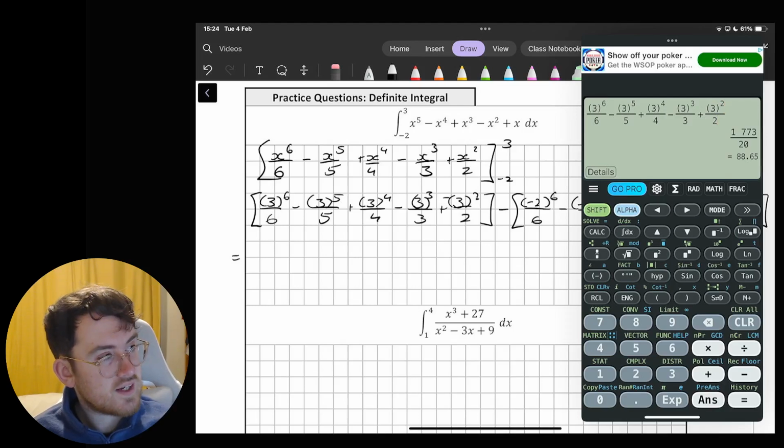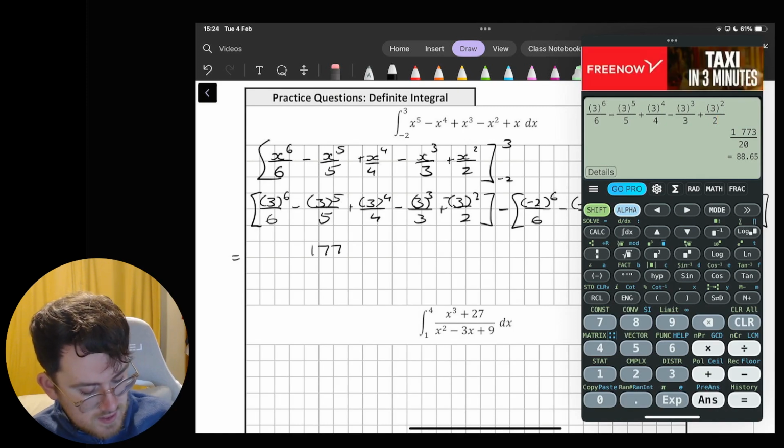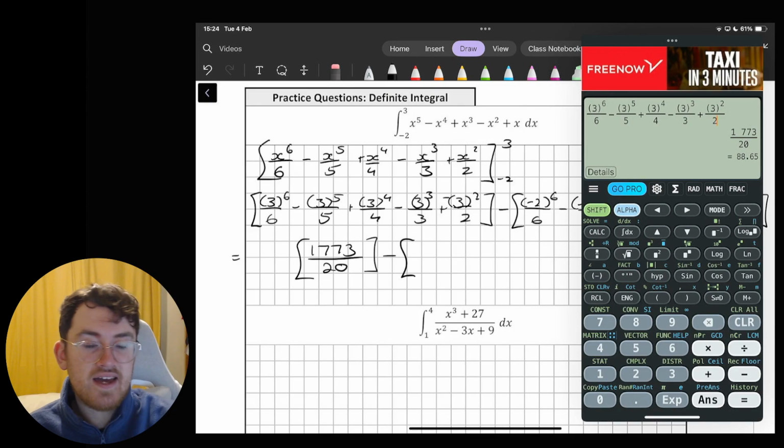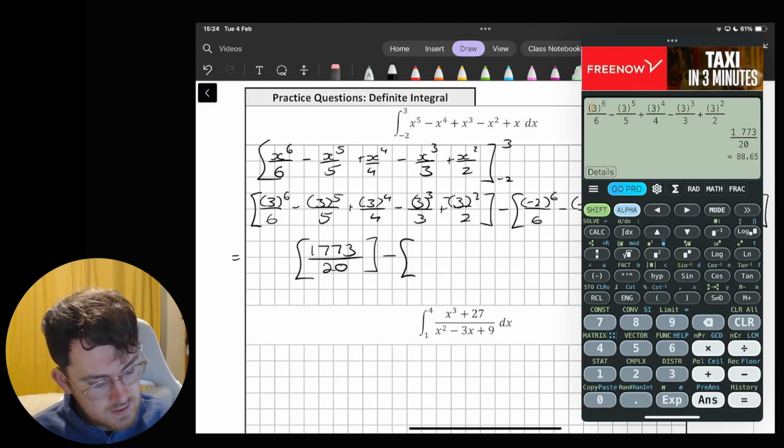And that's going to give me an answer of 1773 over 20. Okay, not the nicest answer, but they weren't the nicest numbers. We've 5 different fractions here, for which only a few of them really have any real nice common denominators. So maybe to be expected here.